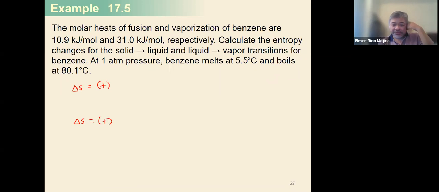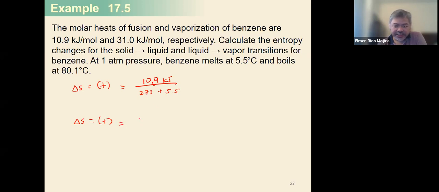The way you're going to do it is just similar to what you have. I think we can discuss it. All we need to do is, what do I put here? The 10.9 kilojoules divided by 273 plus 5.5.